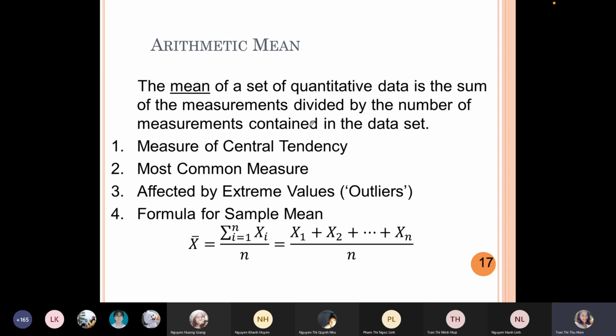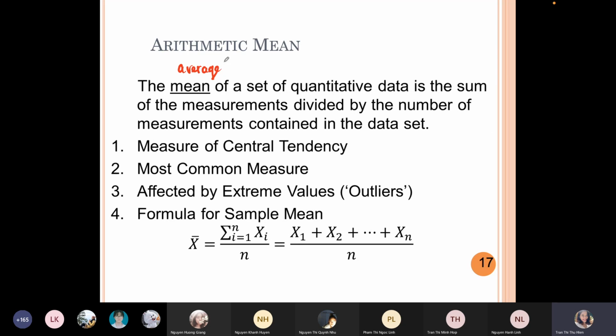Perhaps the most important measure of location is the mean, or the average value for a variable. The mean provides a measure of central location for the data.